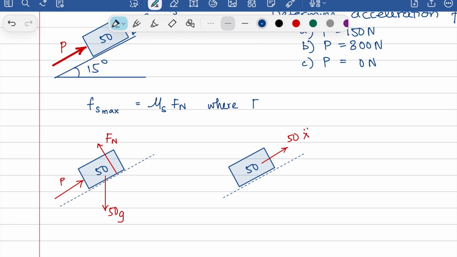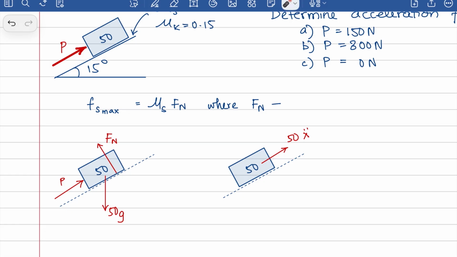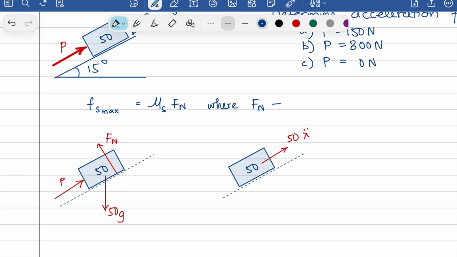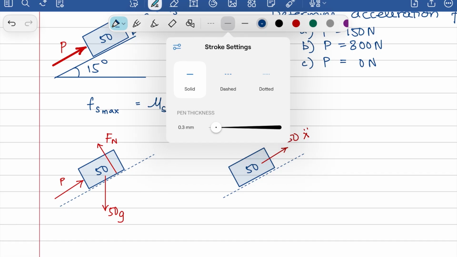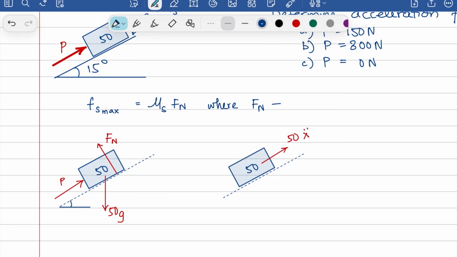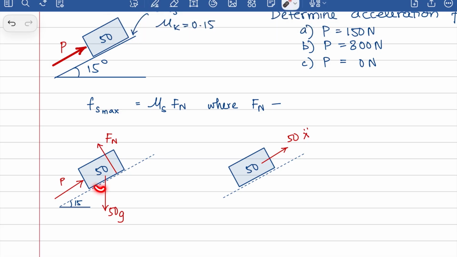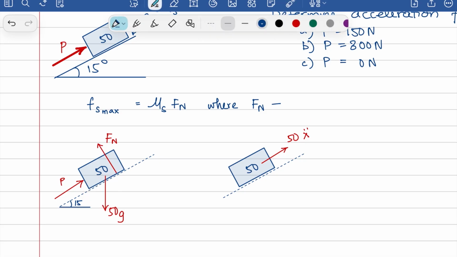So Fn minus, what is the component of gravity along this direction? Always be careful. Don't be in a hurry to define it. If this angle here is 15 degrees, and this would be 90 minus 15, and since this here is perpendicular, this angle would be 90 minus 15, giving me an angle of 15 degrees here.